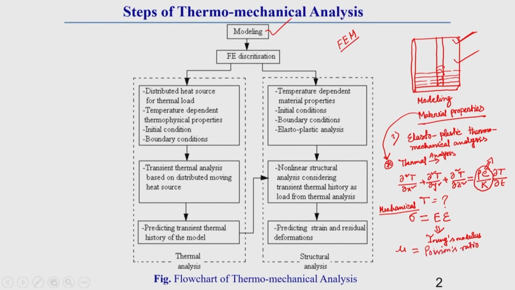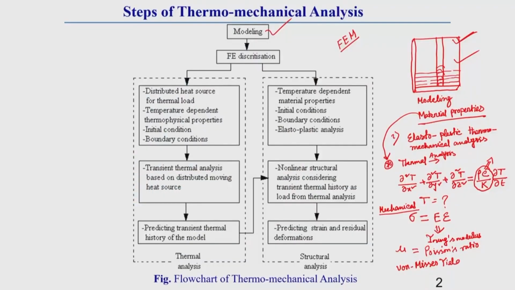Now, as it is an elastoplastic phenomenon, we have to consider some yield criteria. Generally, in case of mild steel, the most appropriate yield criteria in welding analysis is the von Mises yield criteria. This yield criteria is generally used for mild steel types of thermomechanical analysis in case of welding.